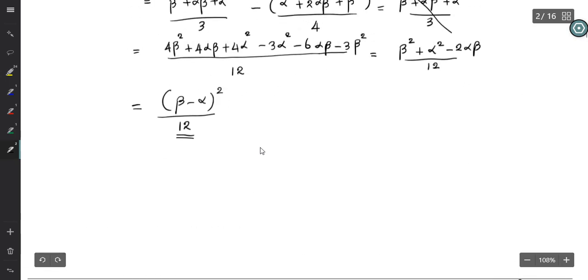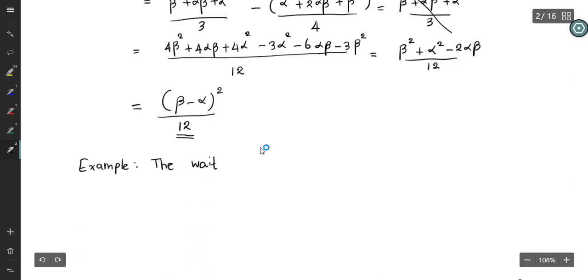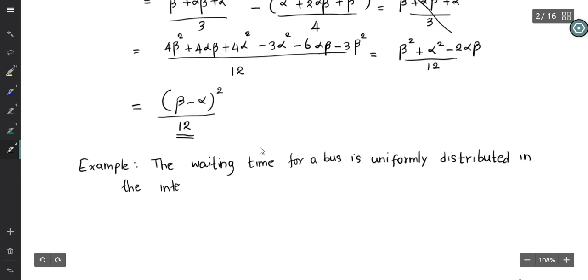Now let's try an example. Let's say the waiting time for a bus is uniformly distributed in the interval, let's say 10 to 20 minutes.